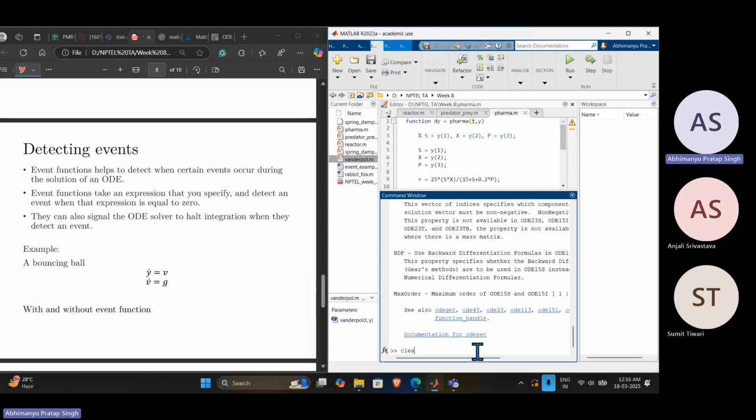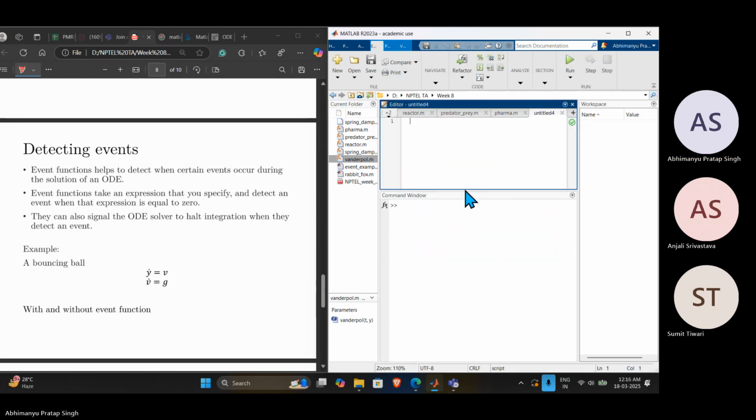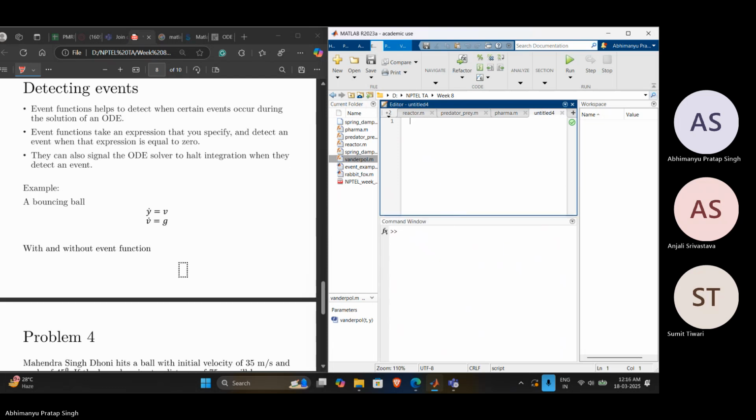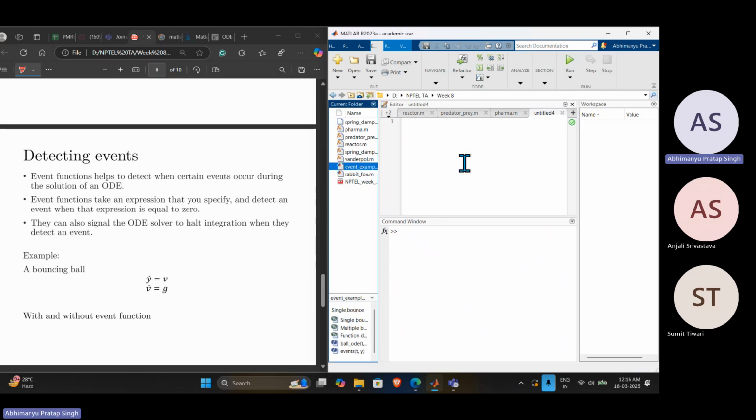I think I made a script for that example.